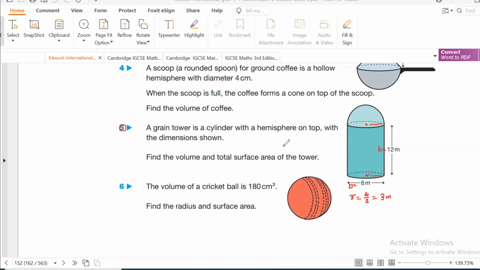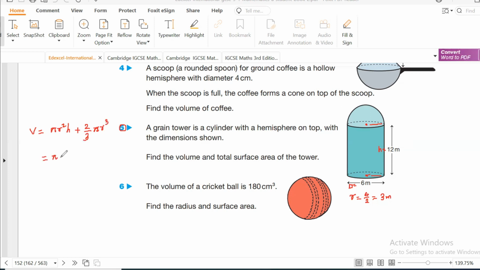So now the first thing we are looking for is the volume. For the volume of the whole shape, we will apply two formulas. The volume of the cylinder is pi r square h, plus the volume of the hemisphere, 2 over 3 pi r cube. Then just replace the values.